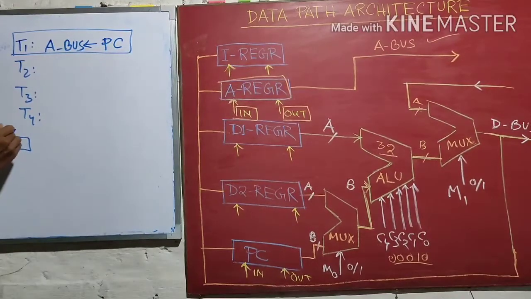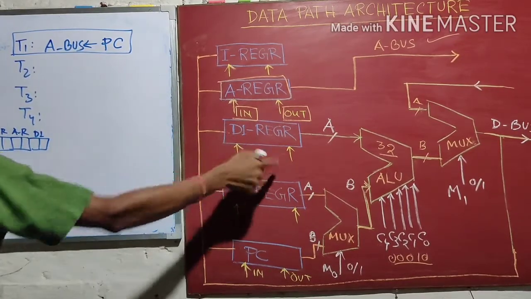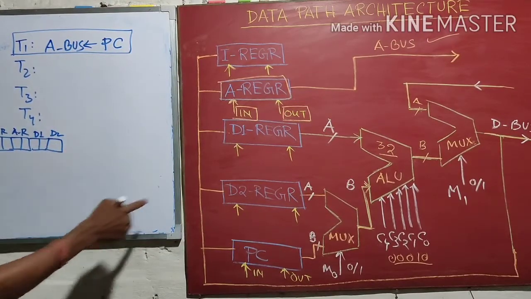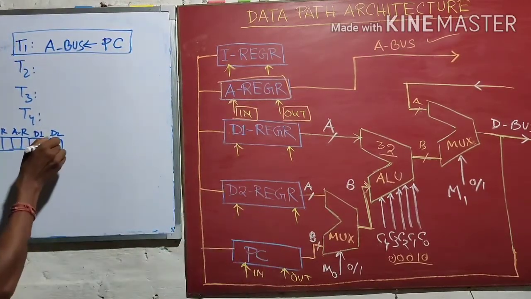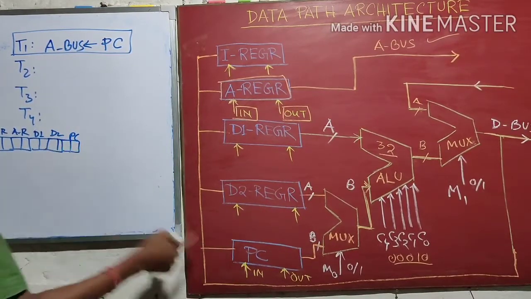The address register has two control signals, in and out. The data 1 register has two control signals, in and out. The data 2 register has two control signals, in and out. And the PC counter also has two control signals, in and out.